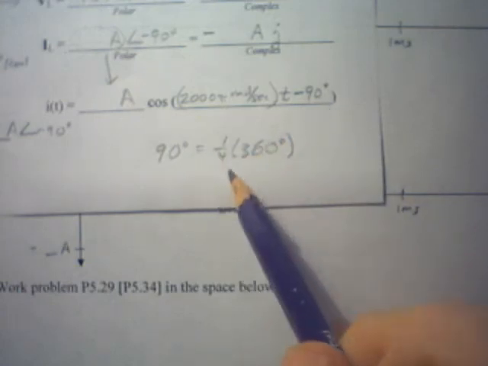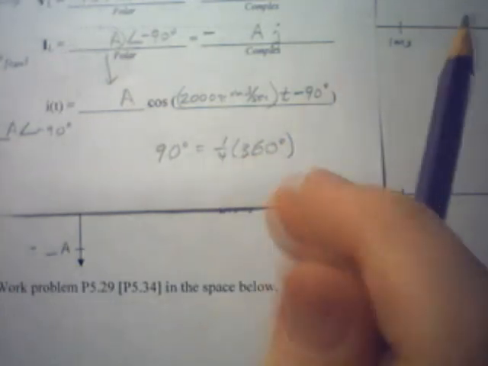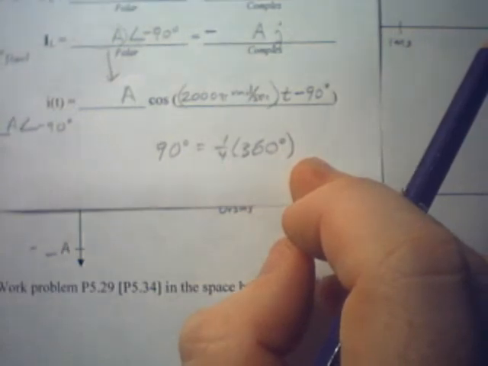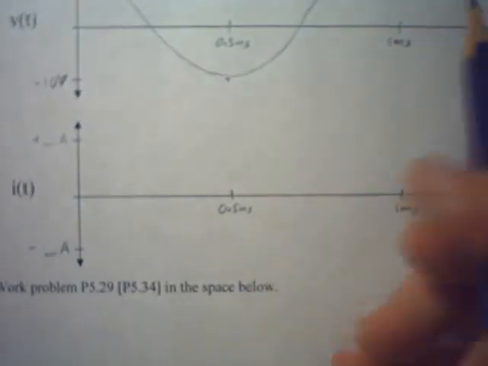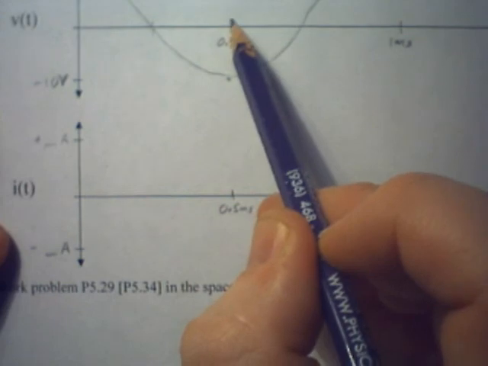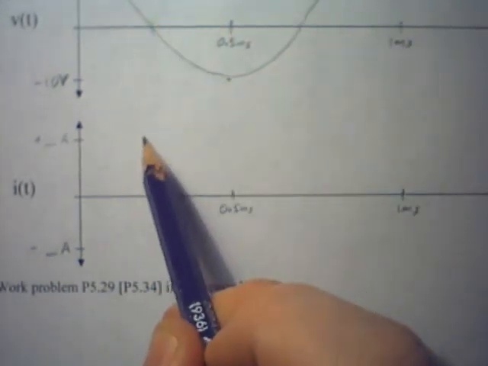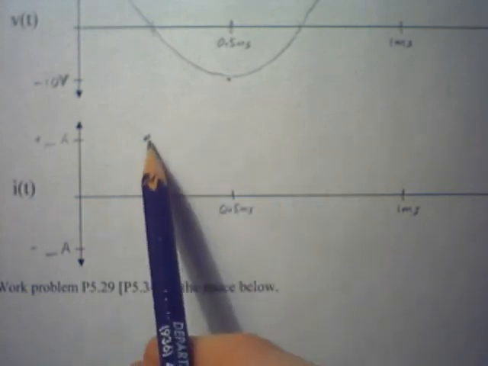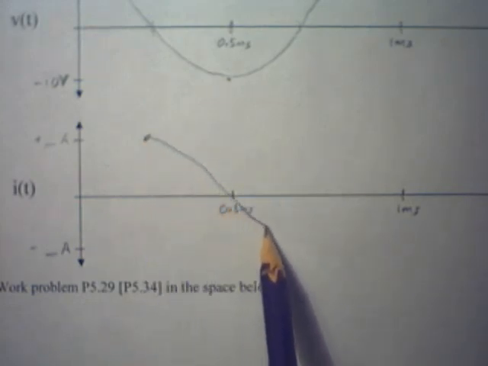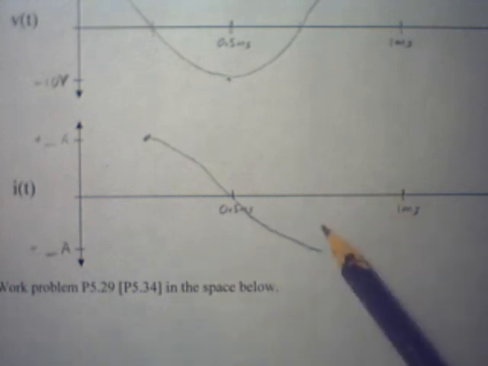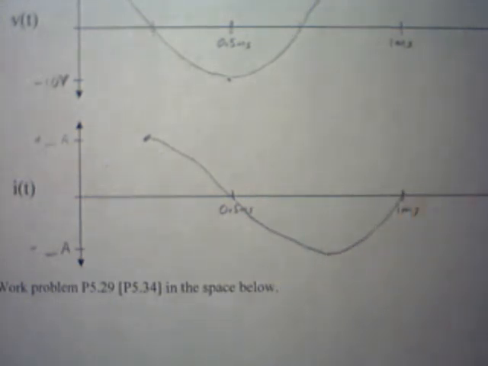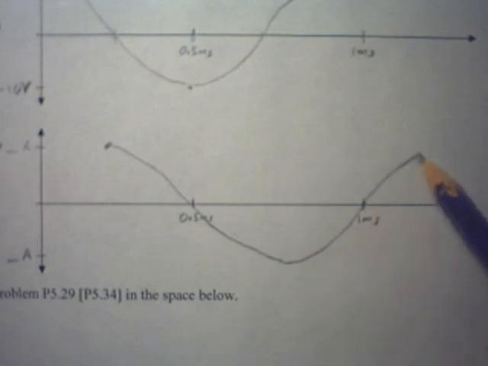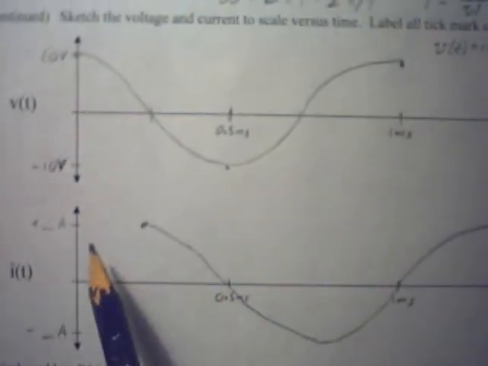So we've got to take 1/4 of the wavelength and shift it over to the right hand side. Alright, so there is 1/4, 1/2, 3/4, and a whole. So we're shifting this cosine term over like that. Alright, so there you can see the phase shift.